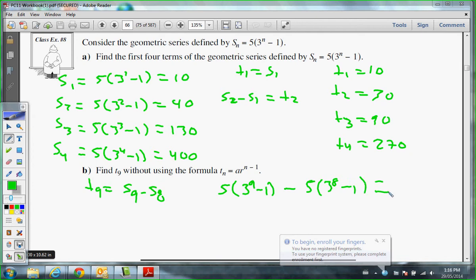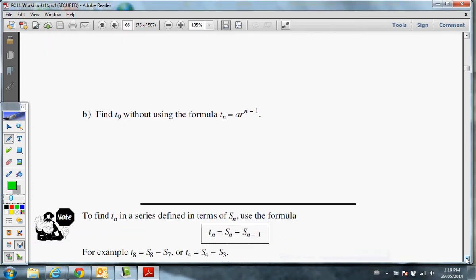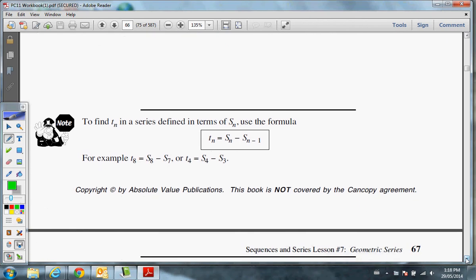When I do that, it kicks out 65,610. The numbers these kick out, if you care, 98,410 minus 32,800. Okay, and then that gives you that formula here on the bottom. T sub n is equal to S sub n minus S sub n minus 1. We already did that one.